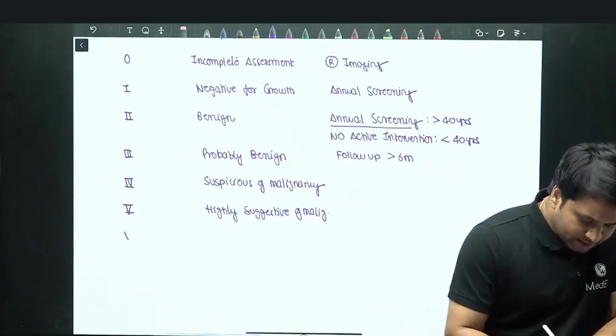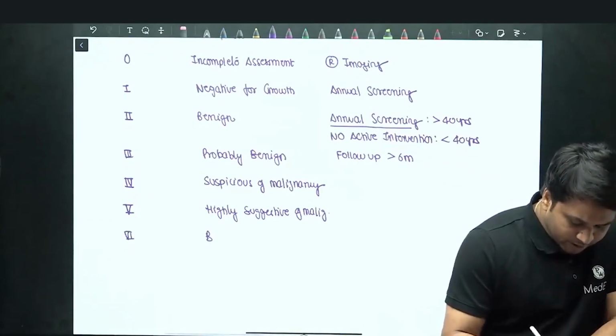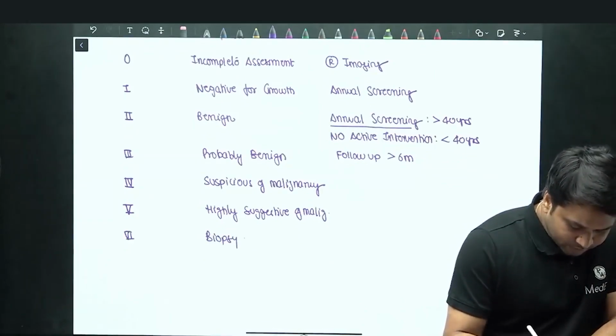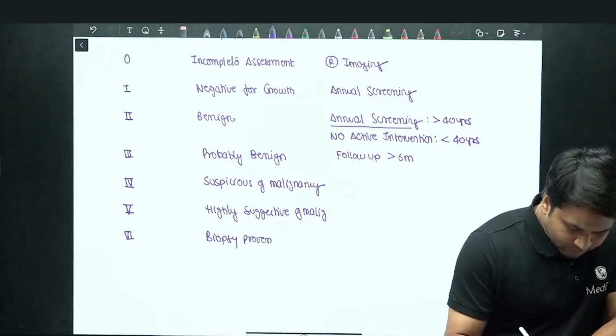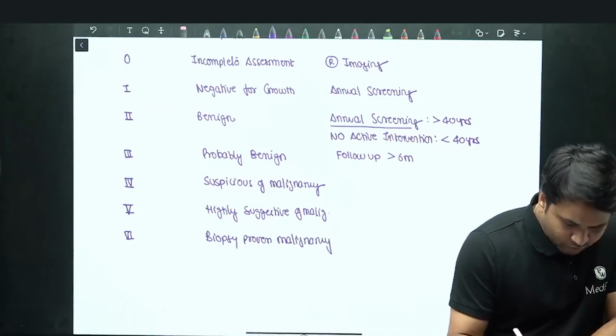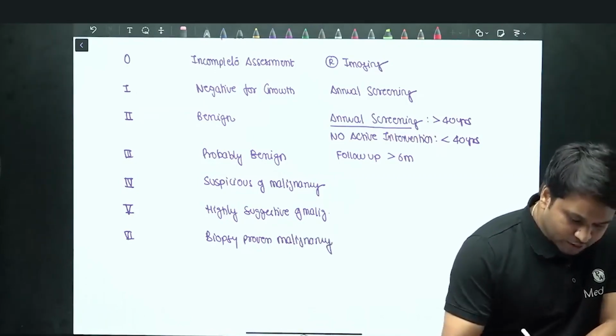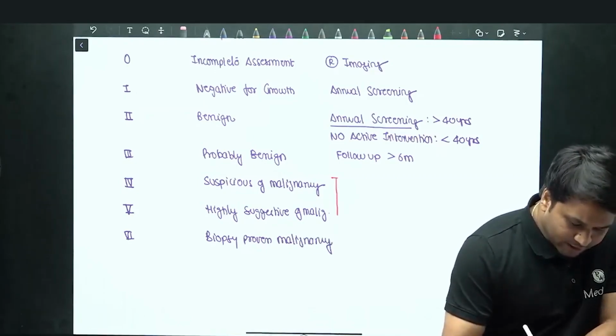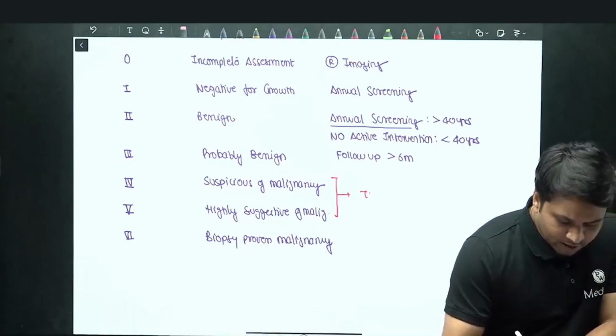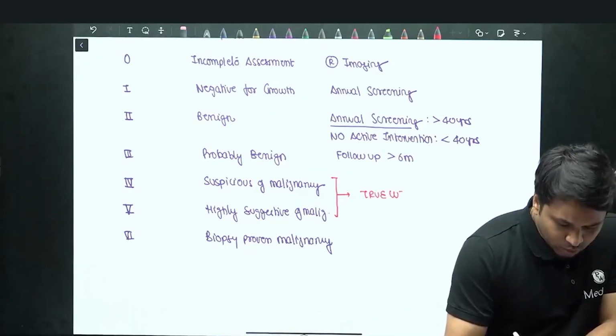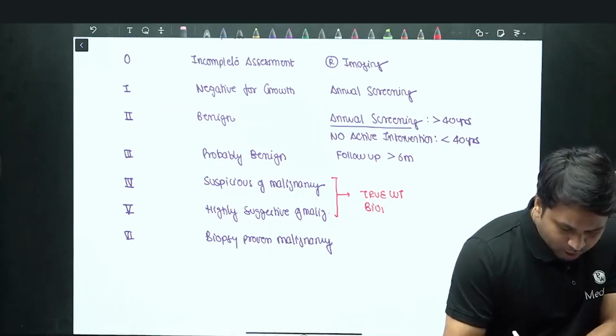And category 6, it is biopsy proven malignancy. For the first two, that is your suspicious and highly suggestive of malignancy, I will advise a true cut biopsy.